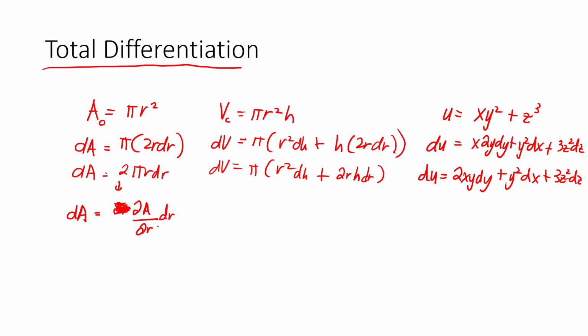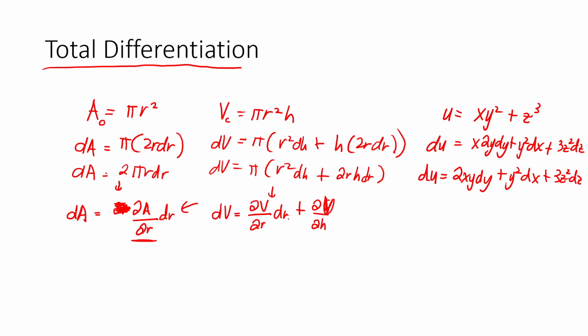For example, in the second, you have two variables. So meaning, you also have two terms. It will be dV is equal to, how many variables do you have? You have 2, so meaning 2 terms. So with respect to the 2 variables you take the partial differential, then put d of the variable at the bottom, each time you have a term. So, for example, partial differential of V with respect to r, dr, plus partial differential of V with respect to h.